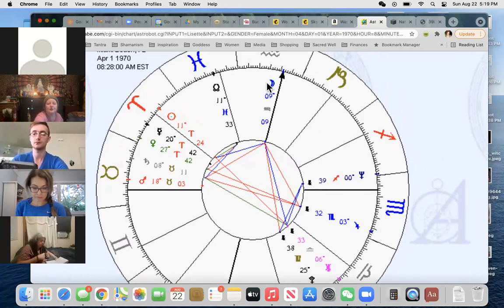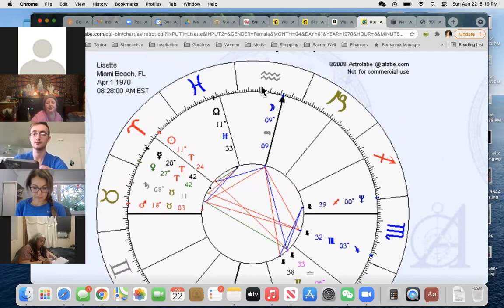Okay, so now your 10th house is where you've got your moon, and your moon is in Aquarius. And the moon in Aquarius is an interesting placement because it means that on an emotional level, you are very fair-minded, you're very balanced, you don't get obsessive about people.